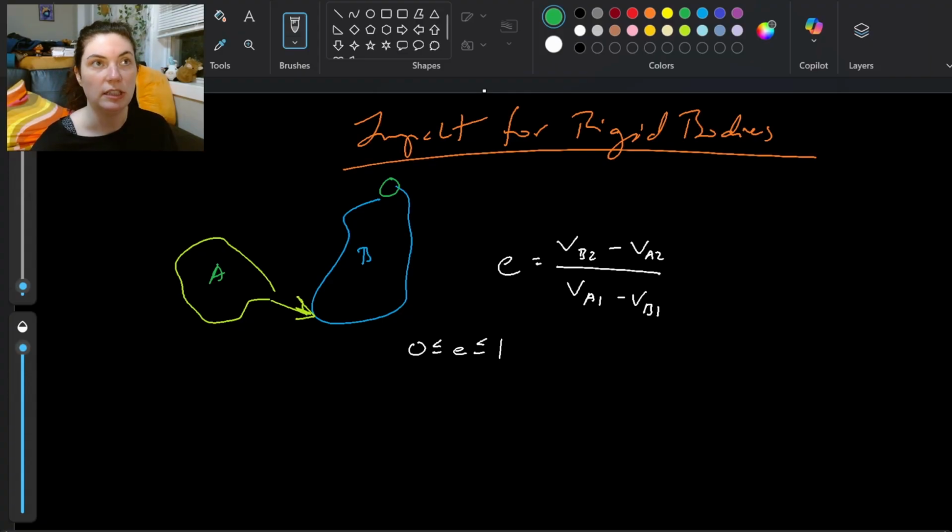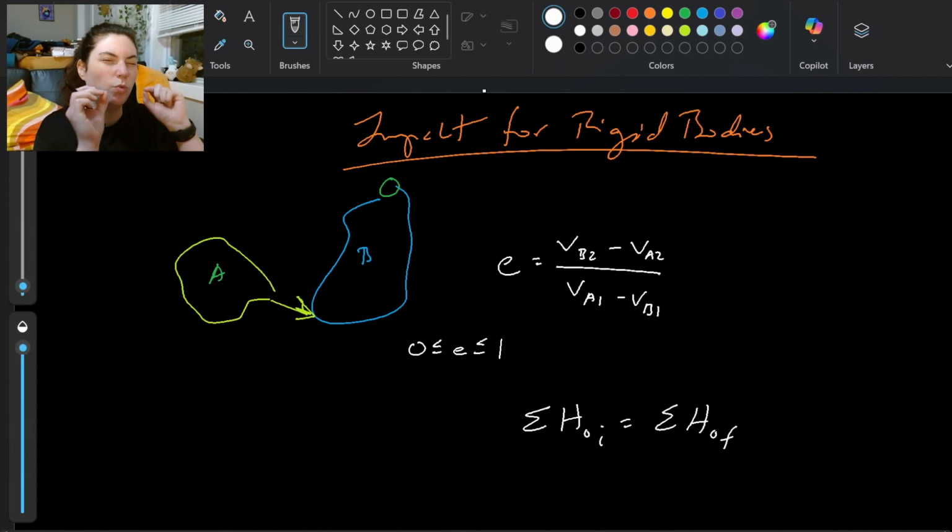And these get used in combination with conservation of angular momentum, that summation of all of your initial angular momentums equaling the summation of all of your final angular momentums. Again, those are just right before and right after impact, in those milliseconds of right before the hit and right after the hit.